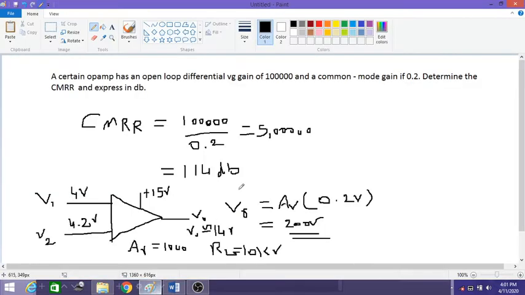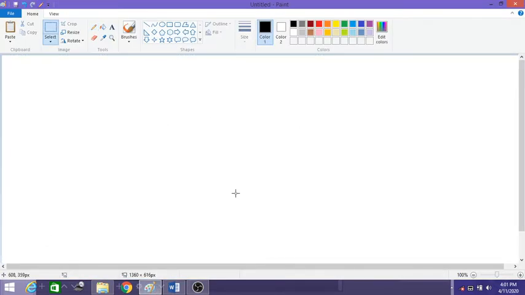If I want to write the diagram, it is like this. Let me write the symbolic representation of the op-amp. Here are my inverting and non-inverting terminals.